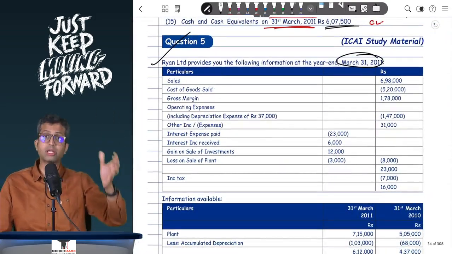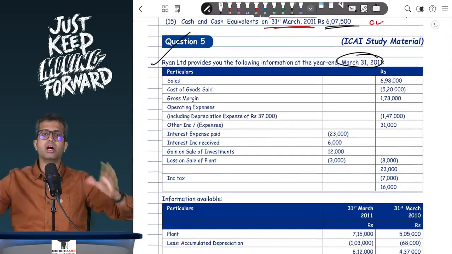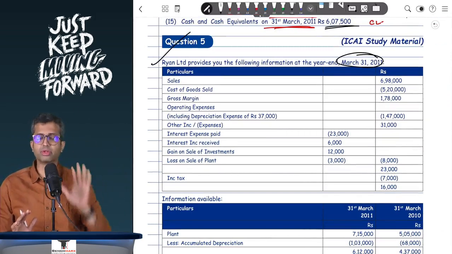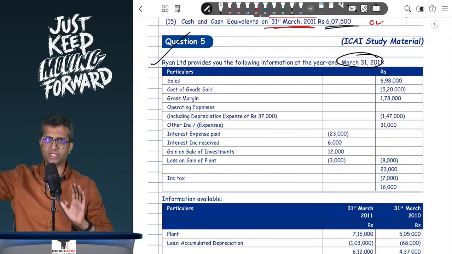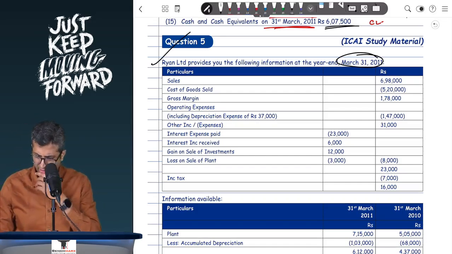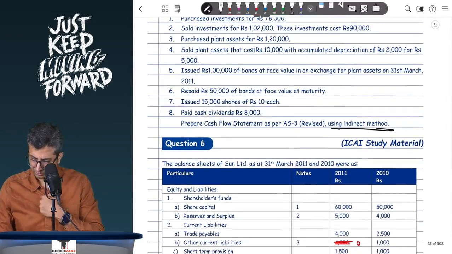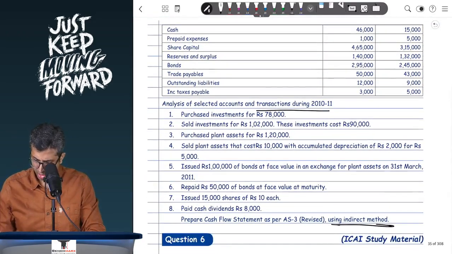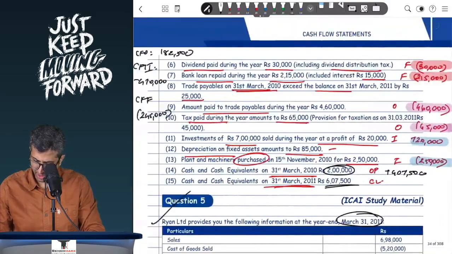I'll prepare the format. In the format, the entire cash flow from operations on the first half, investing and financing on the other halves. So over here, when you look at the information, you have purchase investments of 78,000. Okay, this will affect investments.